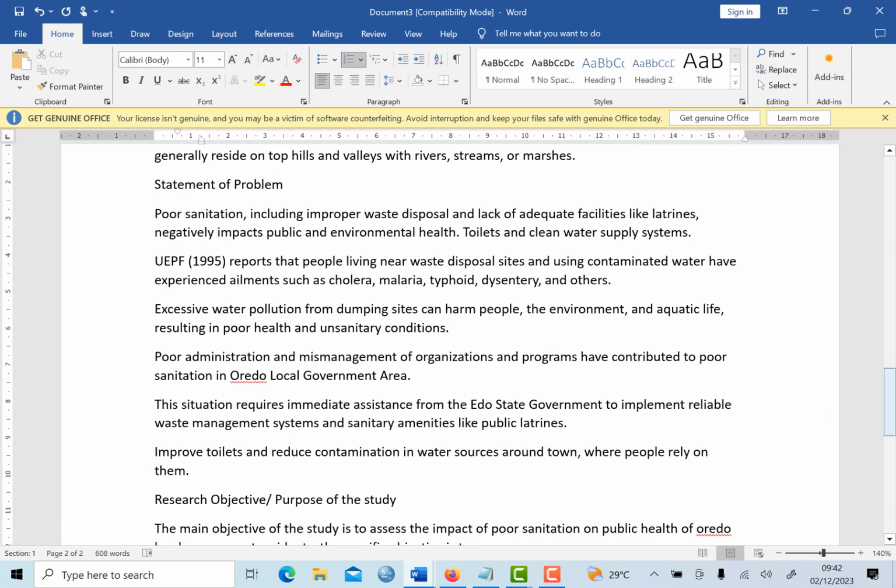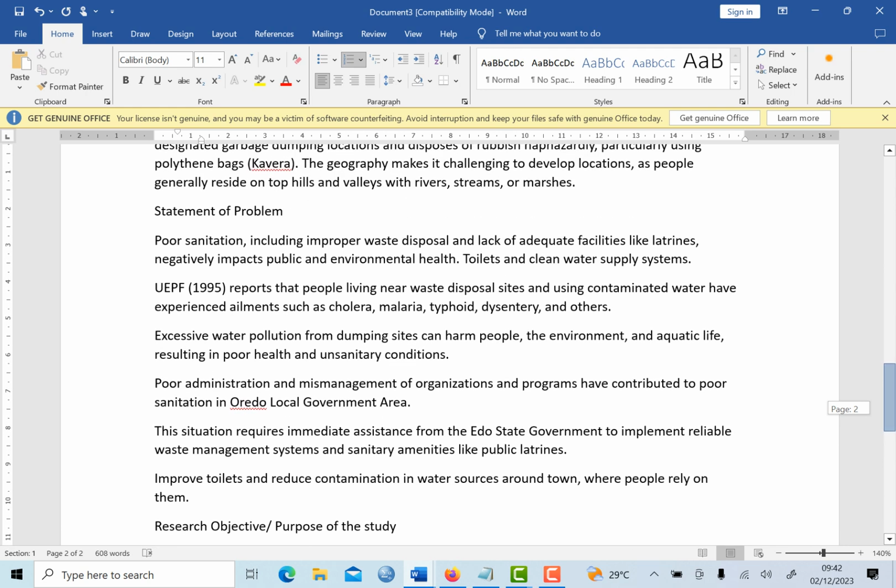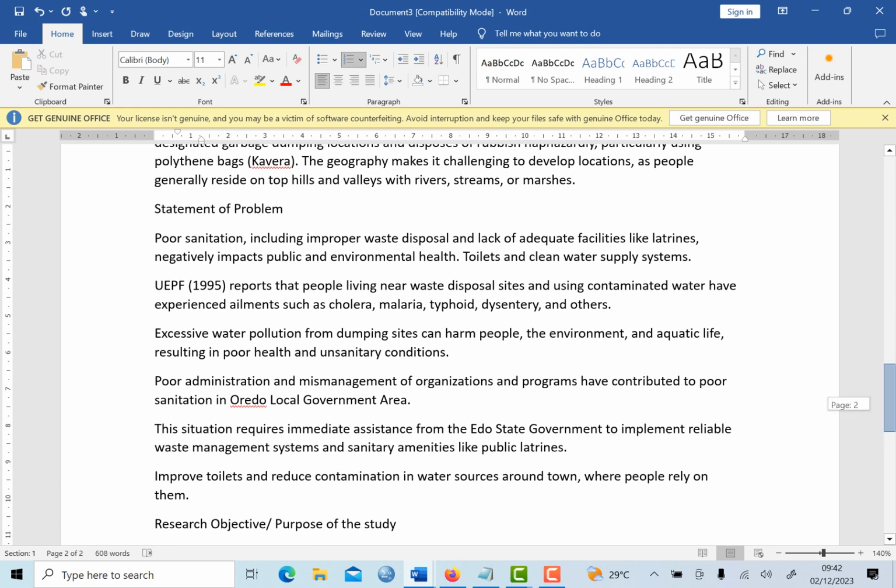Then latrines, that is the factors, the facilities, adequate facilities.